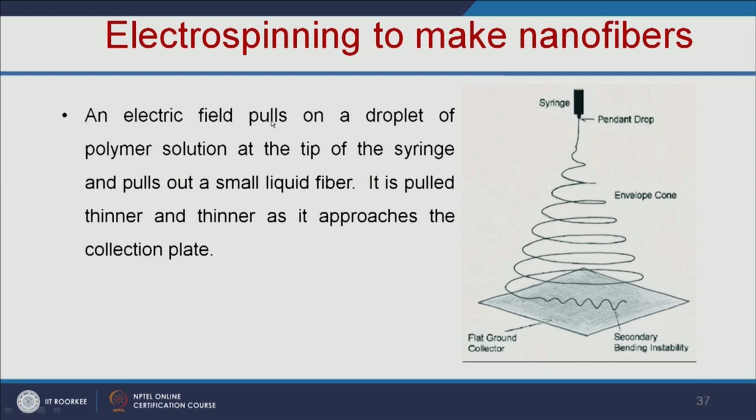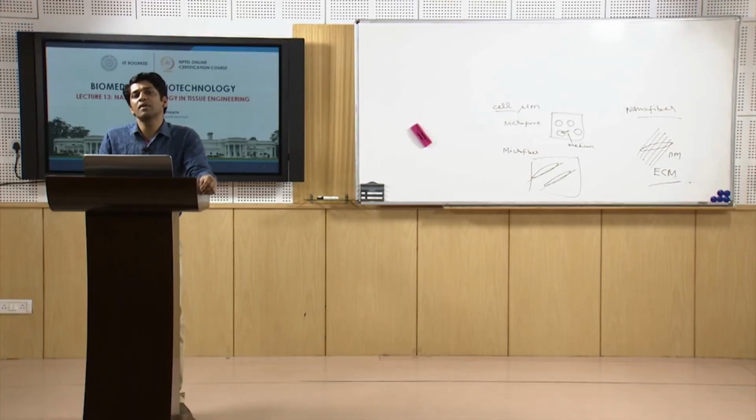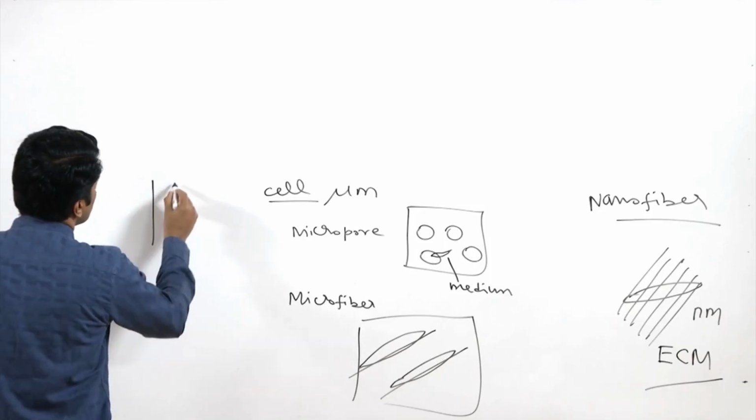Here the electrical field pulls on a droplet of polymer solution at the tip of the syringe and pulls out a smaller liquid fiber, which is pulled thinner and thinner as it approaches the collection plate. We can easily control the dimension of your nanofiber by simply adjusting the polymer solution viscosity and also the distance between the spinneret and collector.